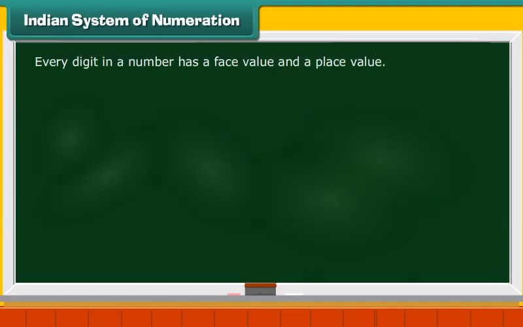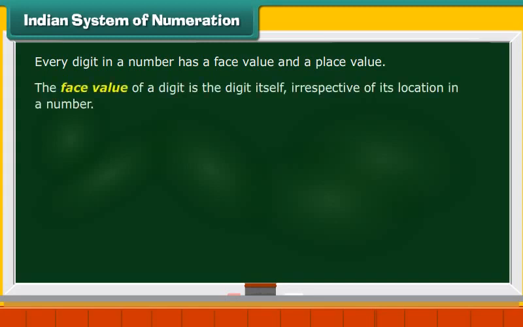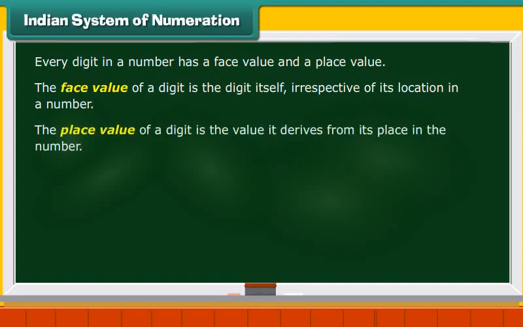Every digit in a number has a face value and a place value. The face value of a digit is the digit itself, irrespective of its location in a number. The place value of a digit is the value it derives from its place in the number.